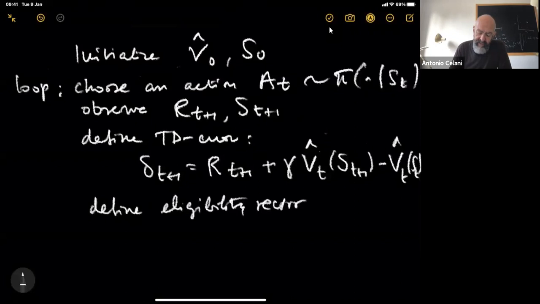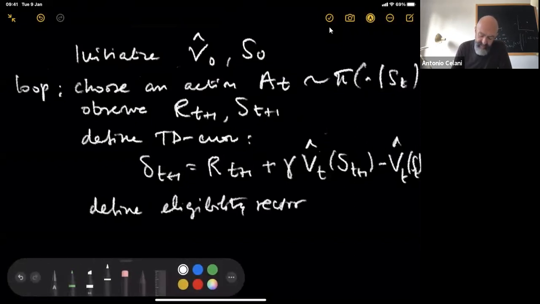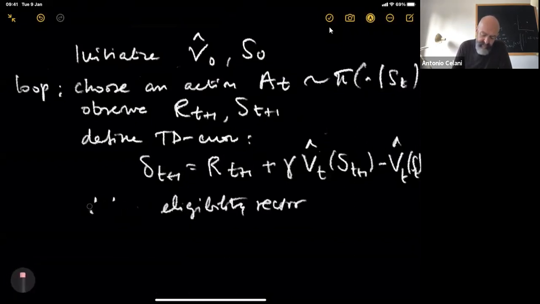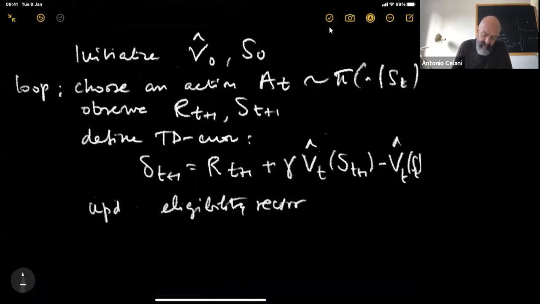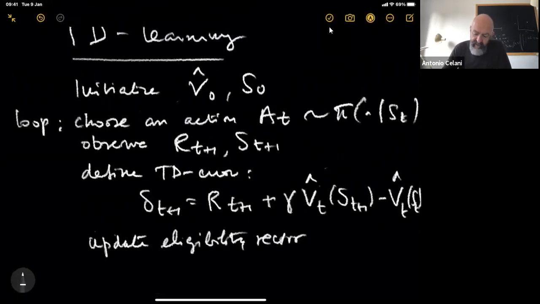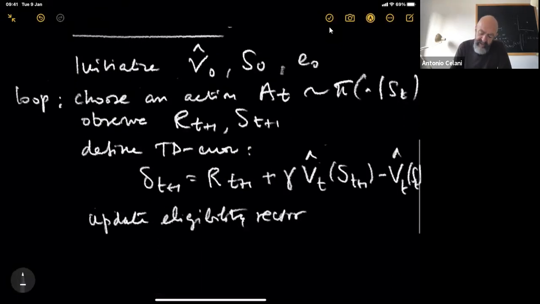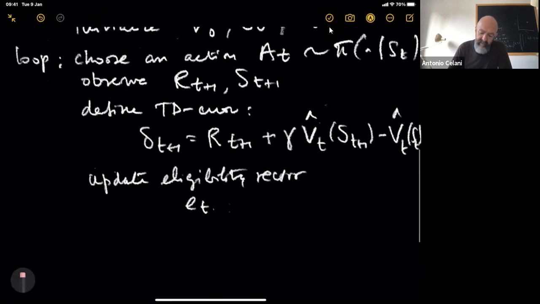Or you update it better by some algorithm. Okay, so initially you have defined also some eligibility node. So you update it, and you get your eligibility at time, let's say t, by some rule.